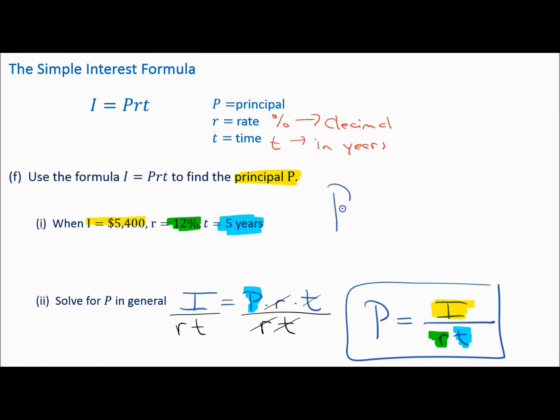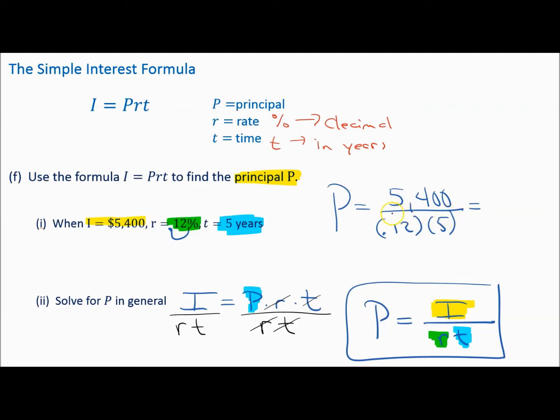So I have P is equal to, again, I is $5,400 divided by R. Now, I can't leave it as 12%. When you change a percent to a decimal, you remember you move the decimal 2 places to the left. That's a few videos ago. 0.12 times 5 years.